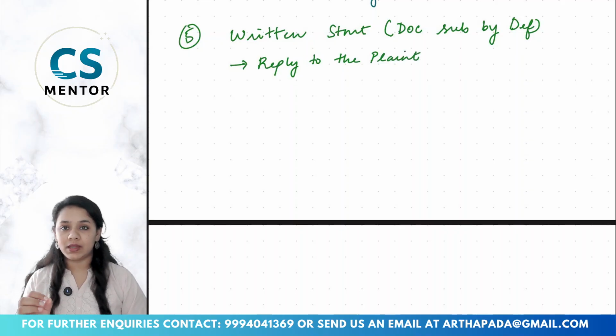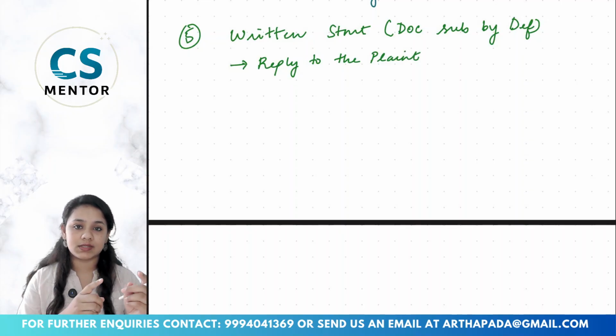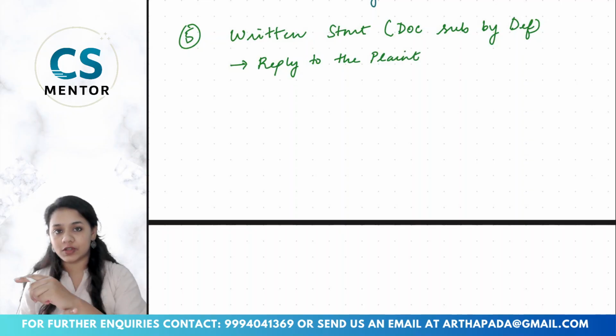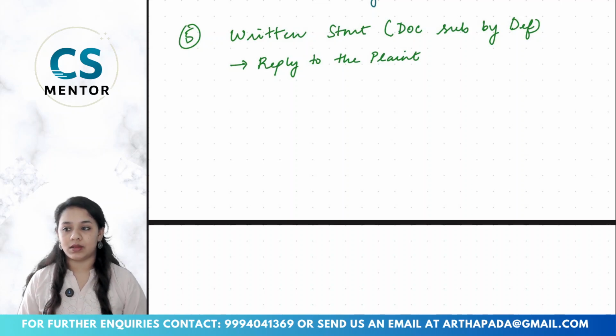So if the plaint has 10 paragraphs, then the written statement should be a reply to para 1, a reply to paragraph 2, a reply to paragraph 3, a reply to paragraph 4. Either it is accepting something or it is denying a statement.